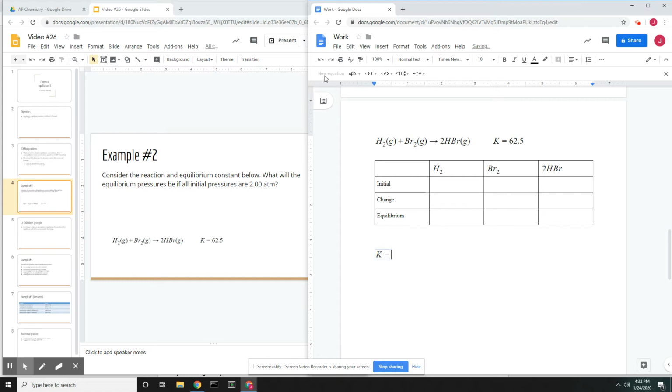To do that, I'm going to write out my equilibrium expression. Now that I have that, I can use it to determine Q. It says right in the question that all the concentrations are 2.0 to begin with.